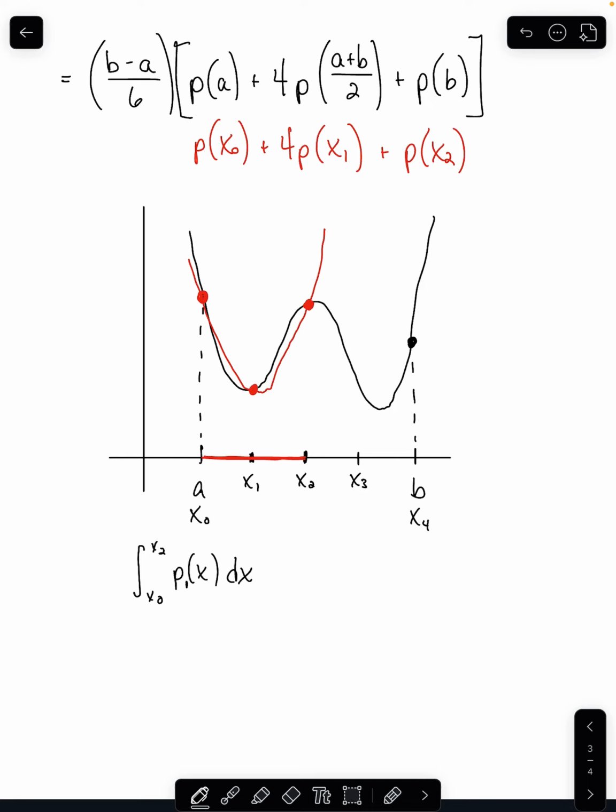I'm going to call this p sub 1 of x, because we then are going to have to repeat this procedure on the next double subinterval from x sub 2 to x sub 4, where here we're going to have, again, 3 points at the left endpoint of our double subinterval, at the midpoint of our double subinterval, and then at the right endpoint of our double subinterval. And this would be approximated by a parabola that goes something like this, perhaps.